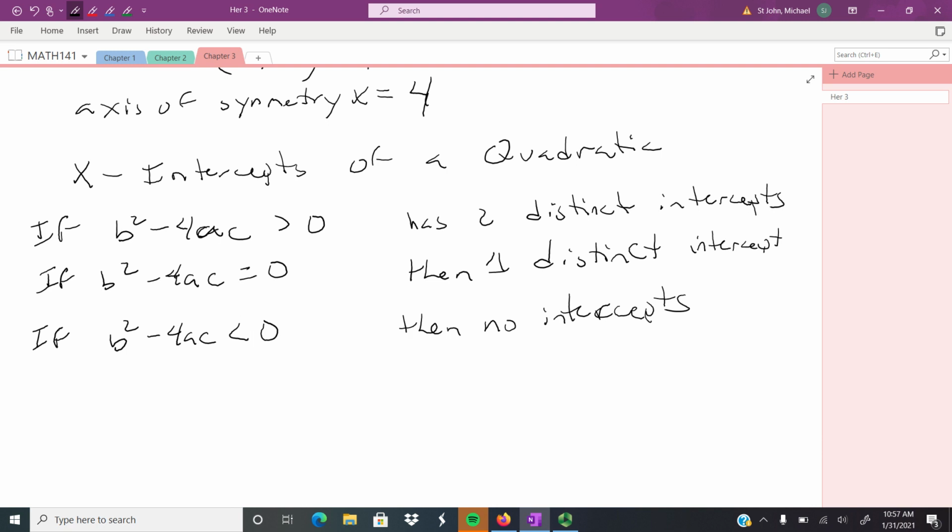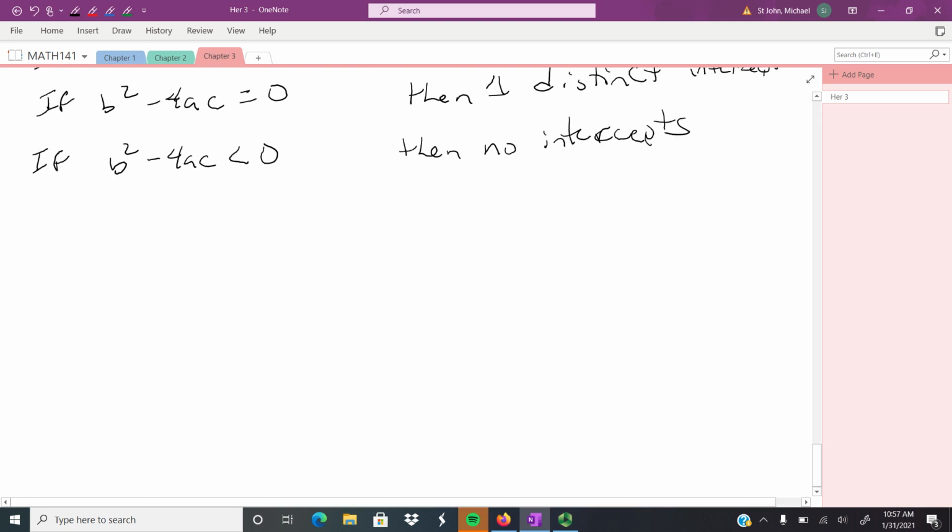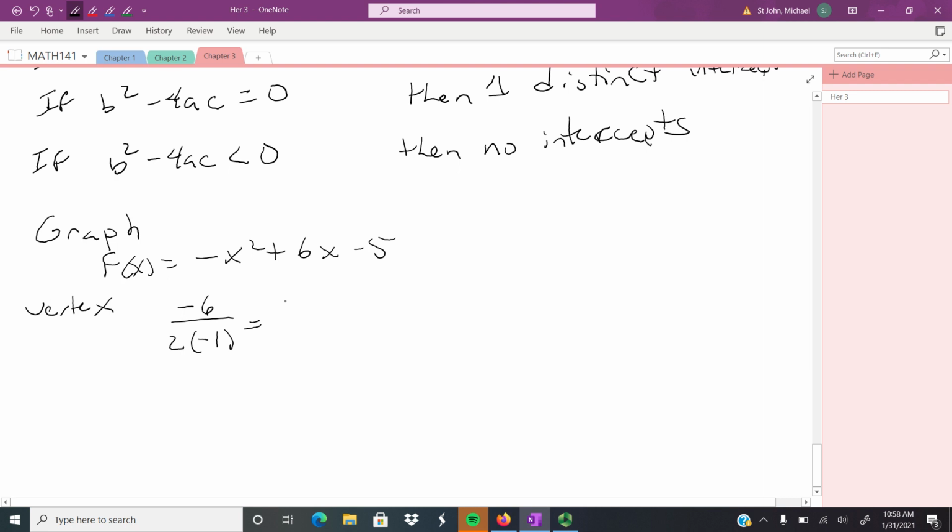So let's look at an example. We want to be able to graph f of x equals minus x squared plus 6x minus 5. Let's first do our vertex. The x is minus 6 over 2 times negative 1, which is minus 6 over minus 2, so 3.